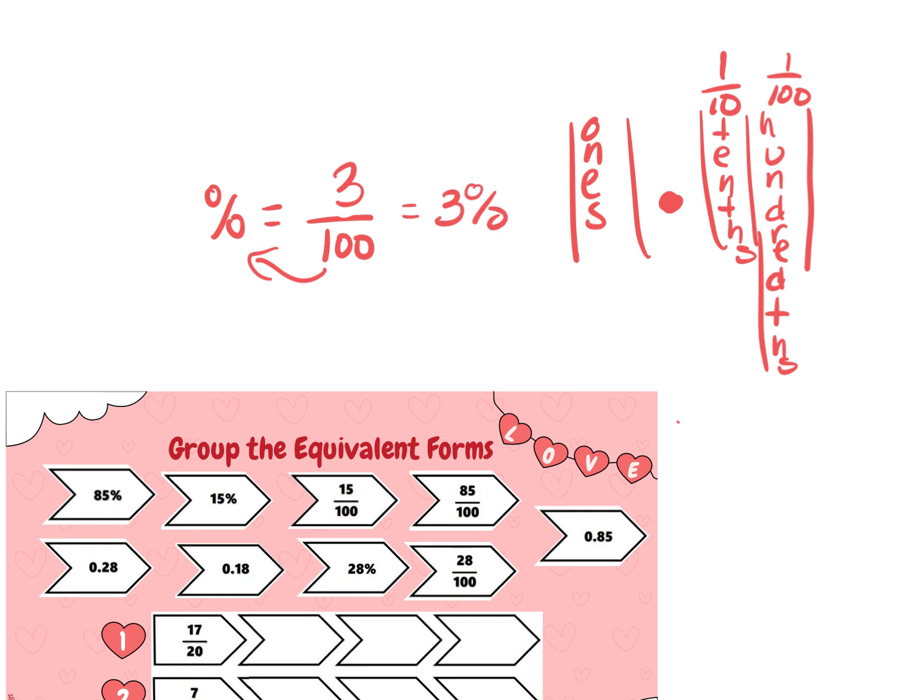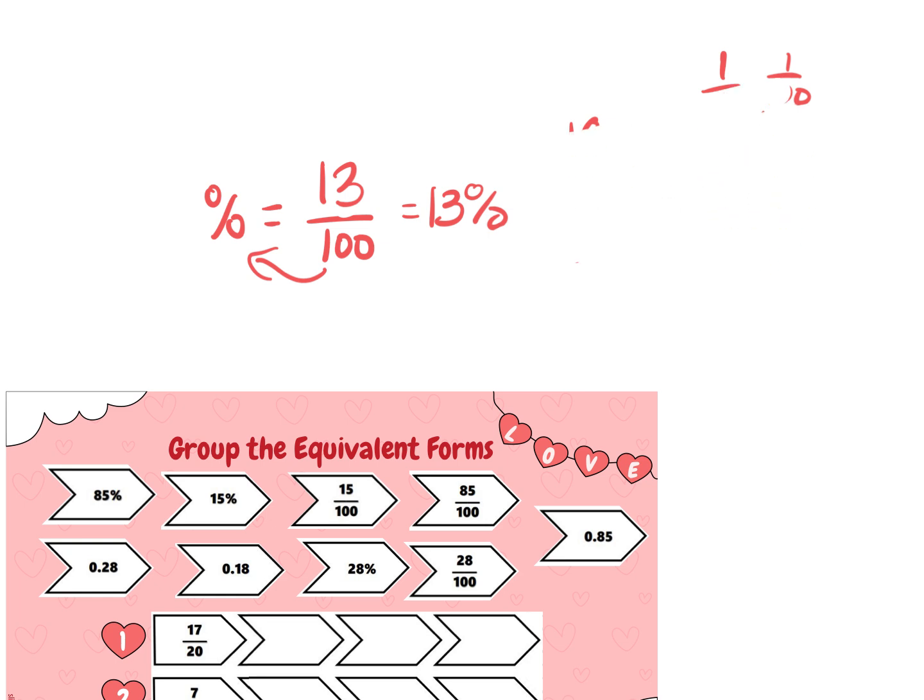So I would write 0 point, put a 0 in the tenths place, and then in the hundredths, 3. That's how I could write it as a decimal. If I had, for example, 13 out of 100, that would be 13%, and I would write 13 hundredths there.